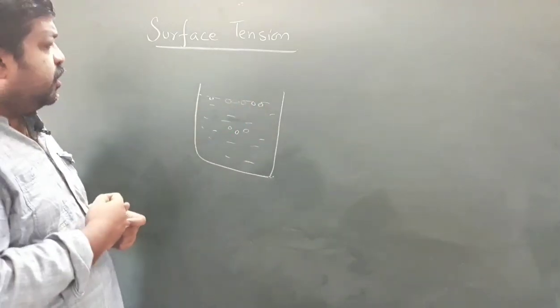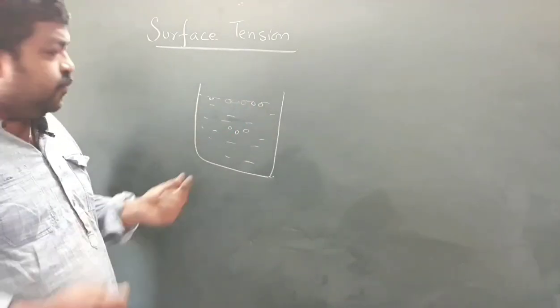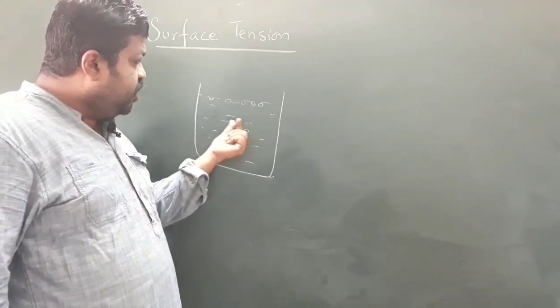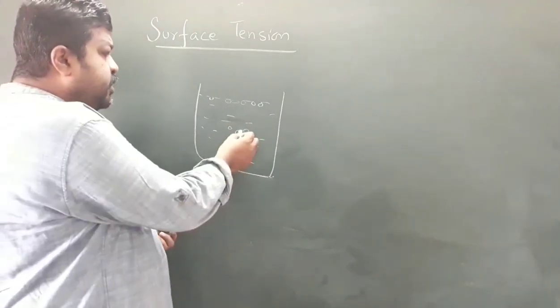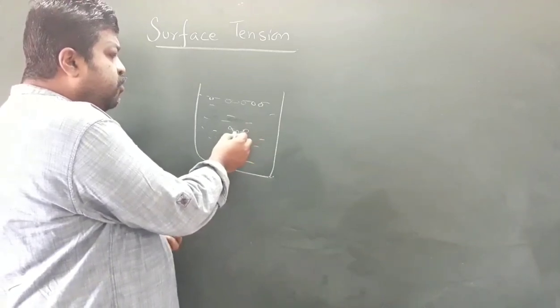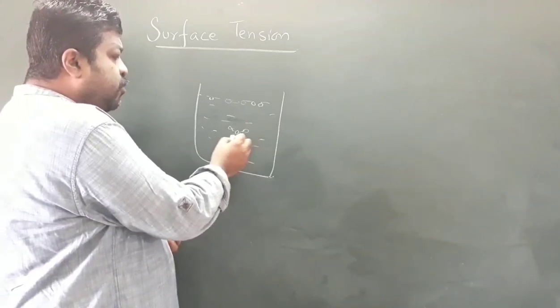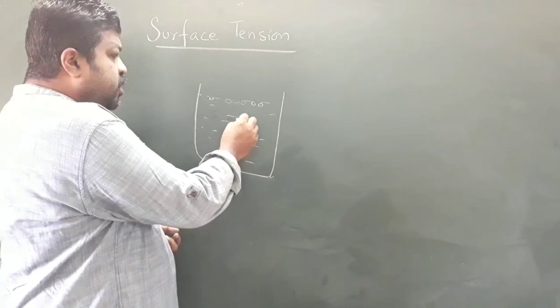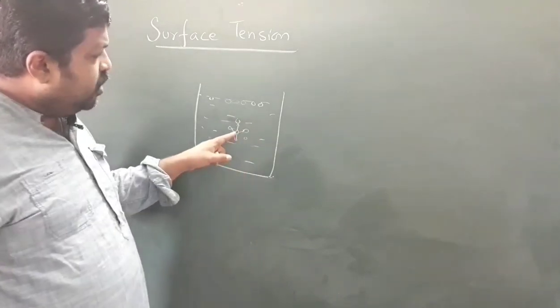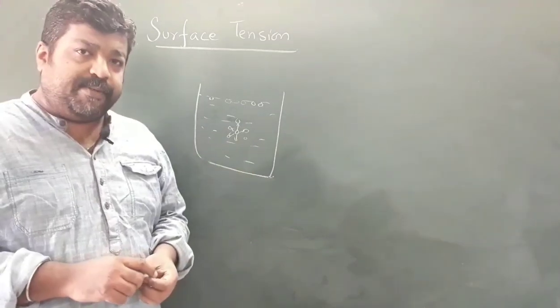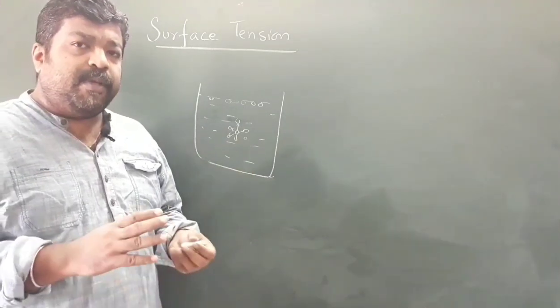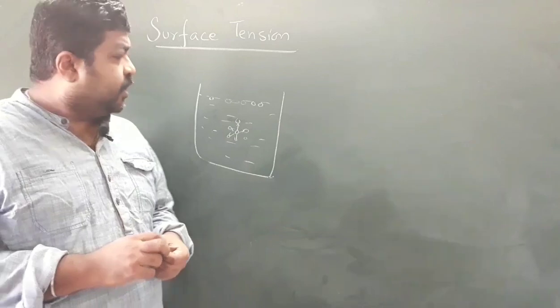Now, the molecule which is in the interior part of the liquid is acted on by equal force. There will be molecules on all sides, so there will be a molecule on this side also. So this molecule will be attracted by equal forces on all sides, so it will be in a state of equilibrium.